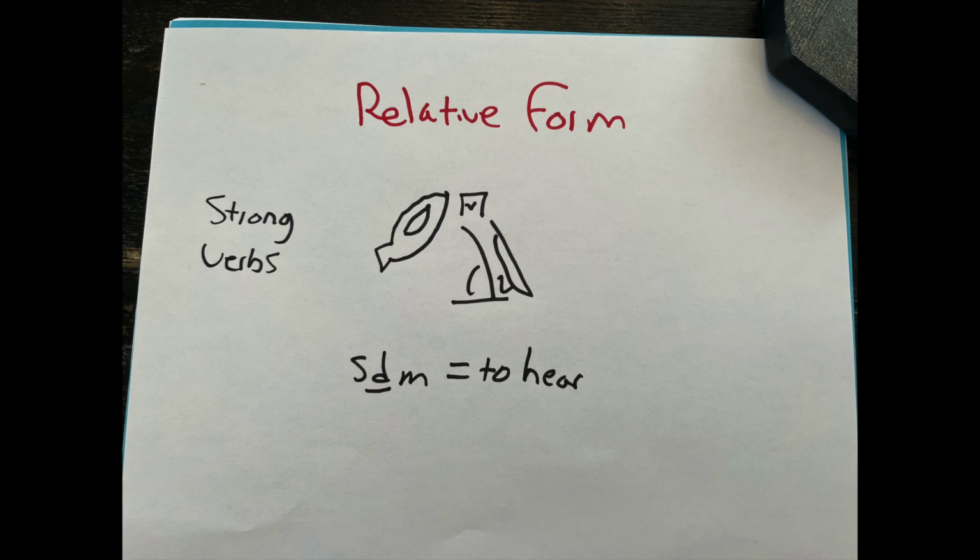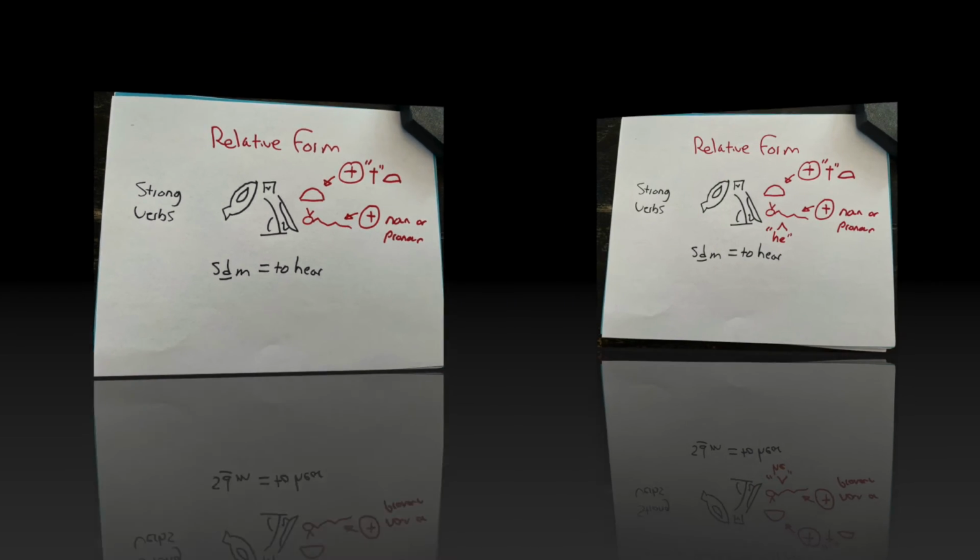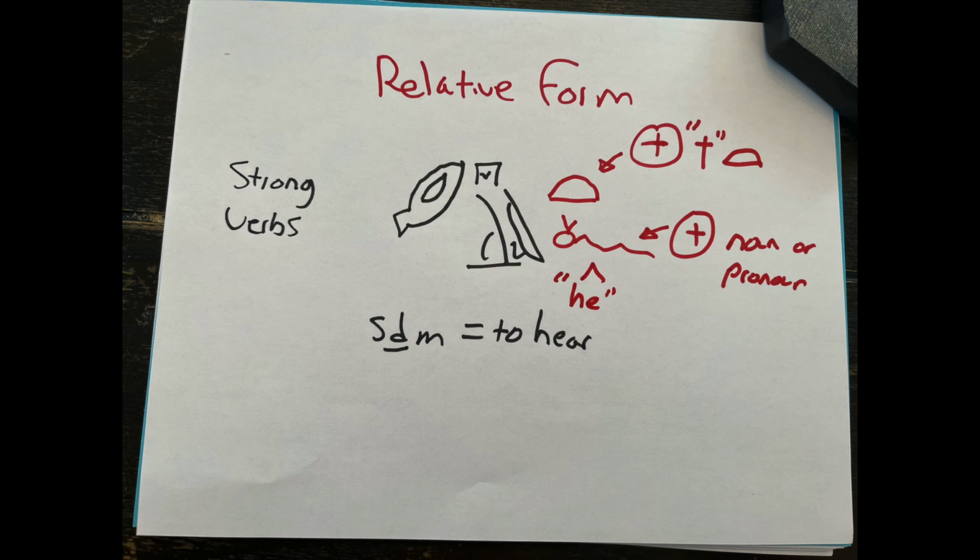The strong verbs first. So we've been using to hear, sijim, which is the ear plus the owl, sijim, to hear. In the relative form, to turn the regular verb into that, we're going to add a T. You're used to doing that with the infinitive. And then a noun or pronoun. In this case, we're using he. I could use she, I could use they, I could use we, I could use the king, the man, Bob, Sally, anything.